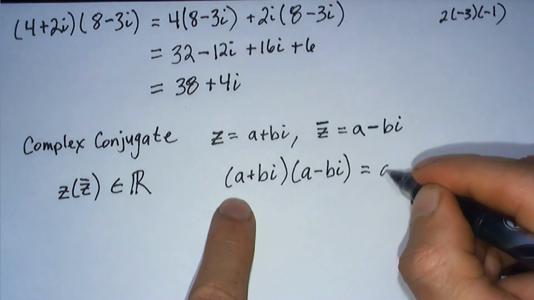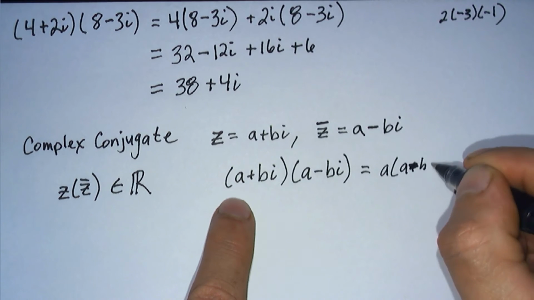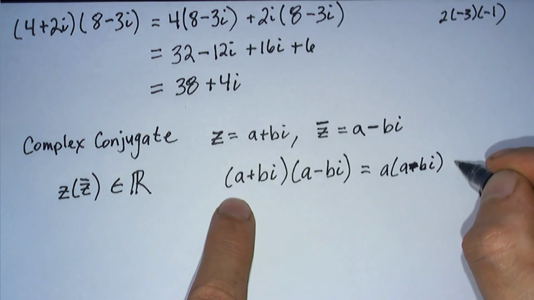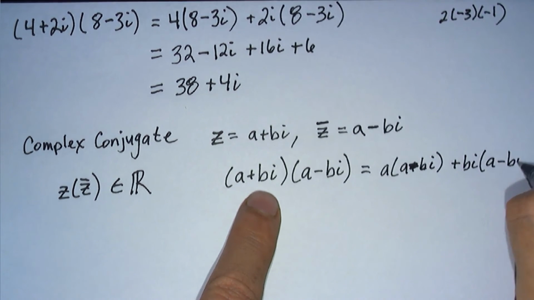This would be a times a minus bi plus bi times a minus bi.